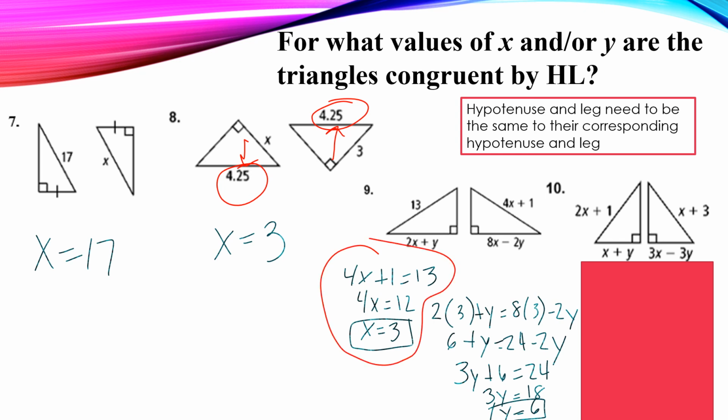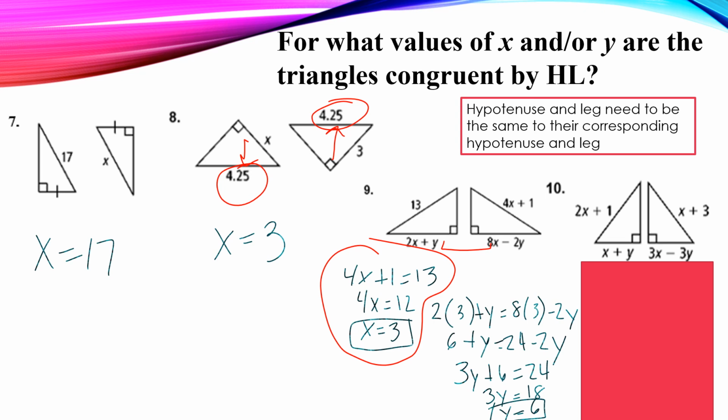So I did that first. And then I set my two legs equal to each other and plugged in x where I needed to and got y equals 6. You obviously need to solve for one of the variables first. You can't try and solve for x and y in the same equation because it will never work out.